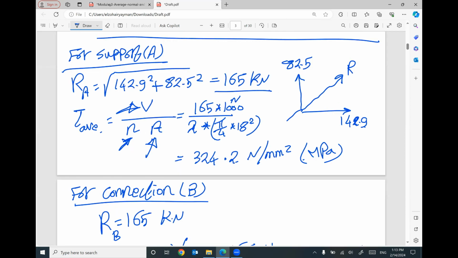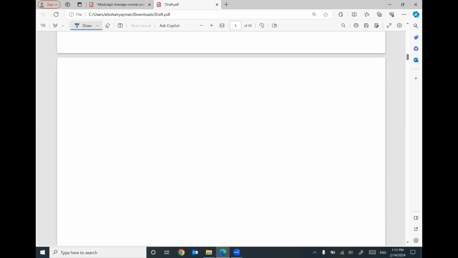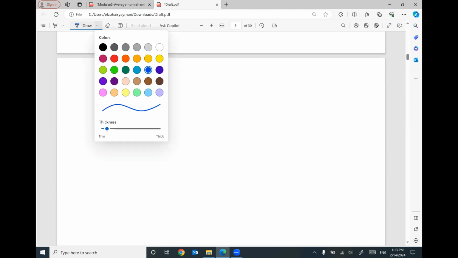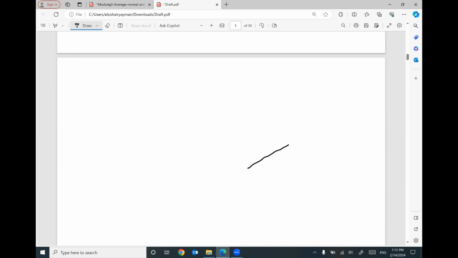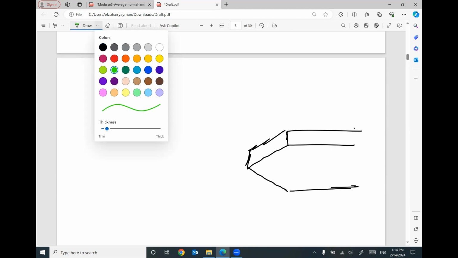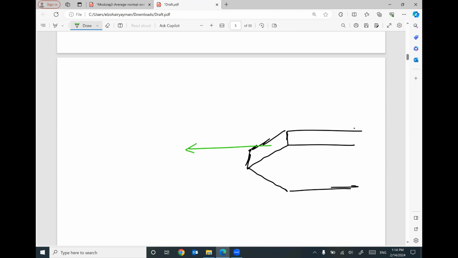I would like to highlight this example one more time. So guys, we have this inclined plane like this. So we have a force here, 400 pound.